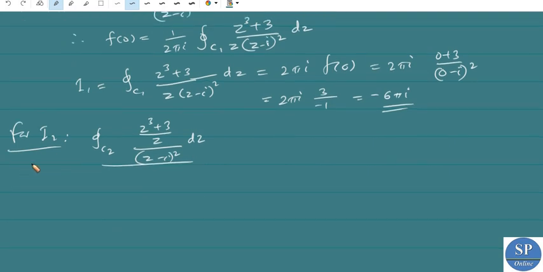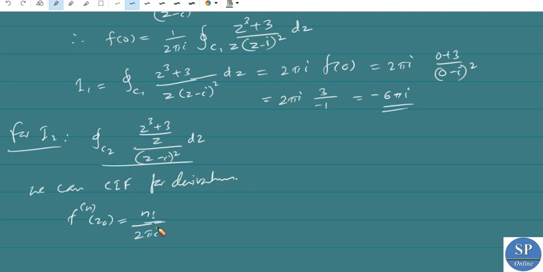For this we can use Cauchy's integral formula for derivatives, that is f^(n) of z naught is equal to n factorial divided by 2 pi i integral over C2 of f of z divided by (z minus z naught) power n plus 1, dz.